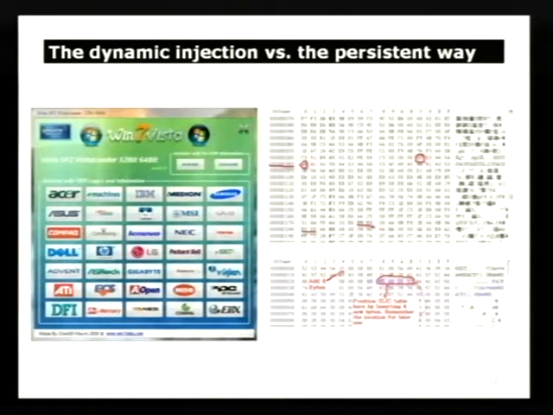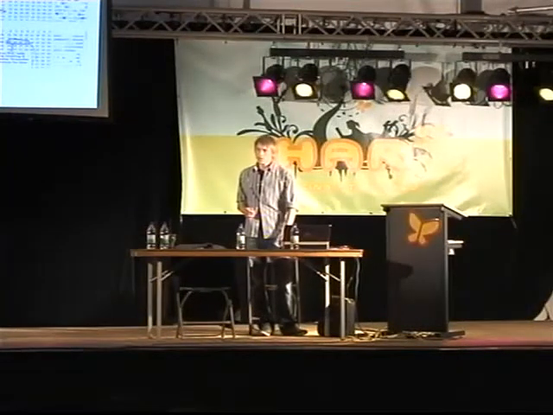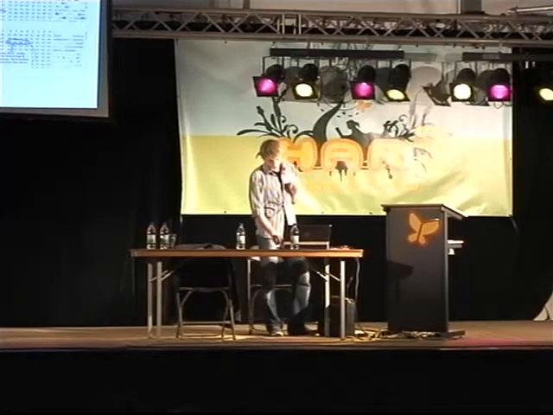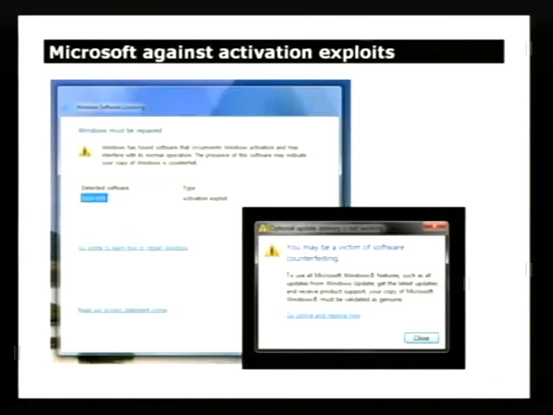And of course Microsoft knows about it and does also things about it. They are also blogging about it in the VGA blog. And what they are actually doing is not changing the method, but they are just trying to find these tools and make signatures of them and blacklist them, and they are pushing out new Windows updates to detect them.